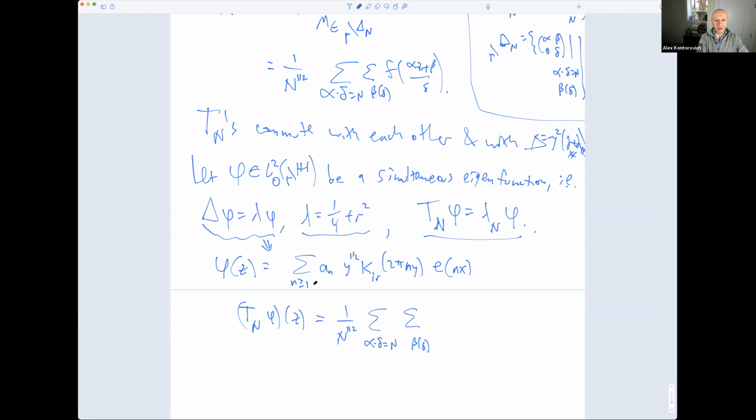Now I have a sum over n of some coefficient a_n. What is the new imaginary part? Alpha, delta, and beta are all real.